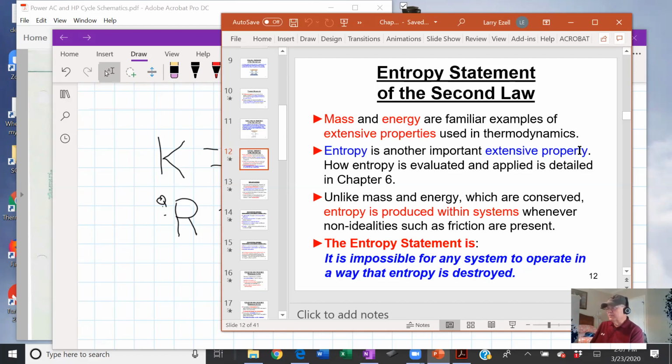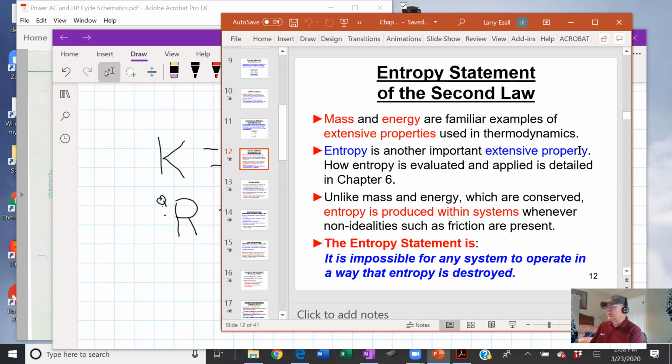How entropy is evaluated, we won't get to until chapter 6. Unlike mass and energy, which are conserved, entropy is produced within the system whenever non-idealities, another way of saying it is whenever irreversibilities such as friction, are present.